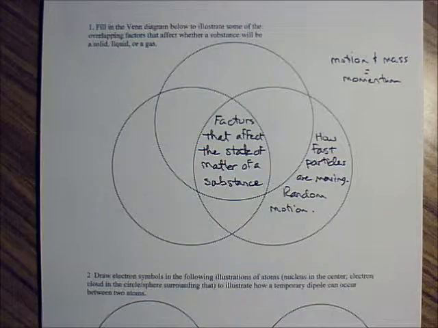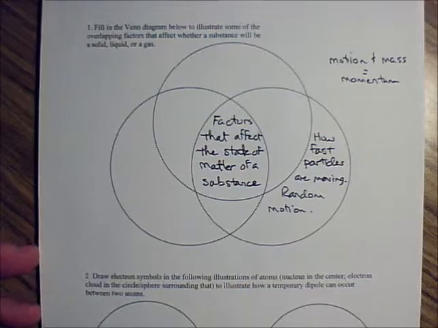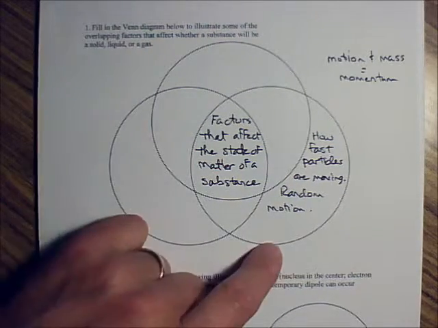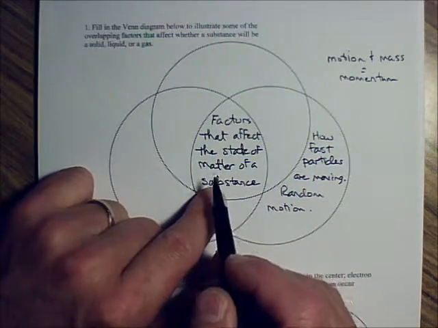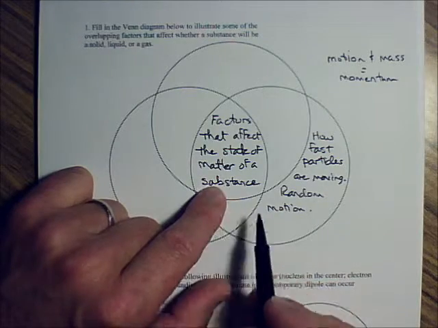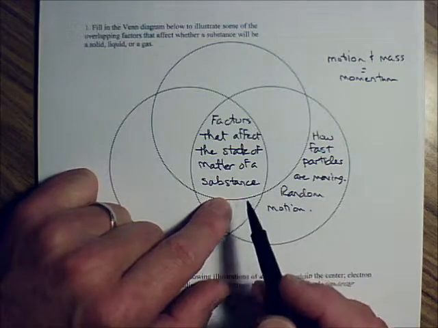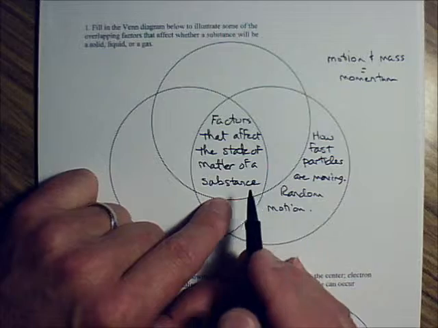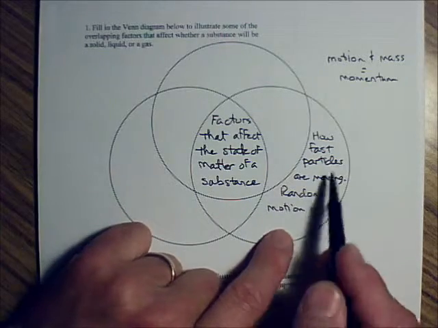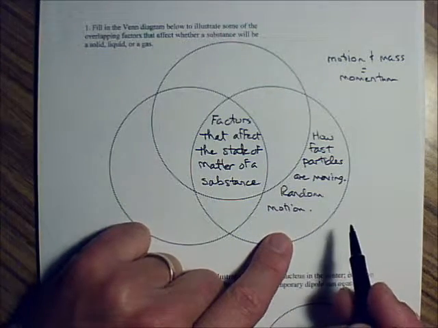Does that make sense to you? Motion and mass together make up a property in physics and chemistry we call momentum. All right? So one factor that affects a substance's physical state is how fast those particles are moving. That's what we talked about.